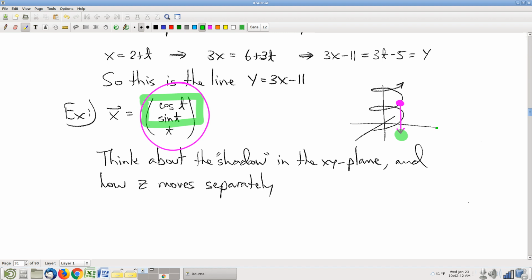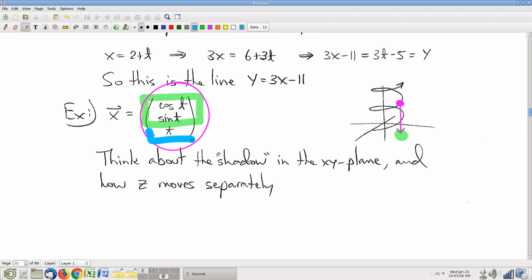So what we know from this observation about cosine t, sine t, the geometric interpretation would be that this curve, whatever it's doing in space, its shadow down here in the xy plane is going around in a circle counterclockwise in the usual cosine t, sine t sort of way. Okay, so if we understand the shadow is doing that, what else do I know?